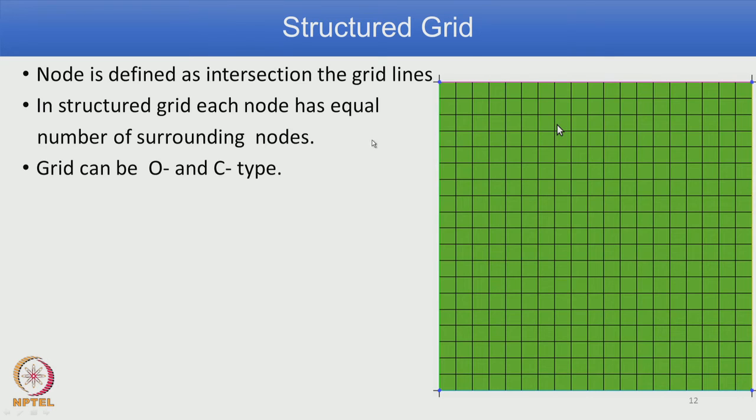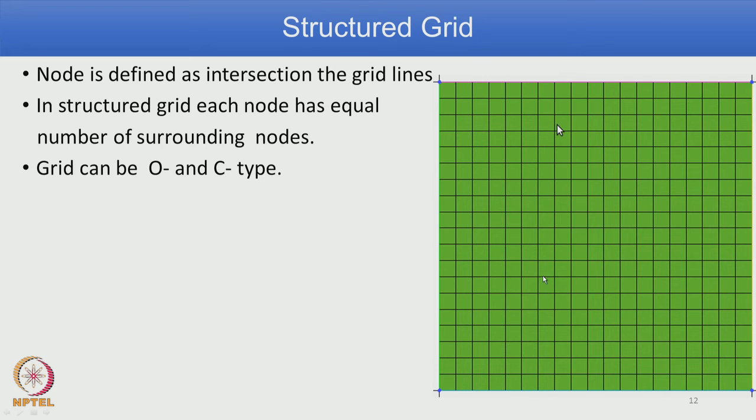If you consider this particular node, it has surrounding nodes: 3 nodes on the immediate top, then one node on the right side, one node on the left side, and similarly 3 nodes on the bottom.